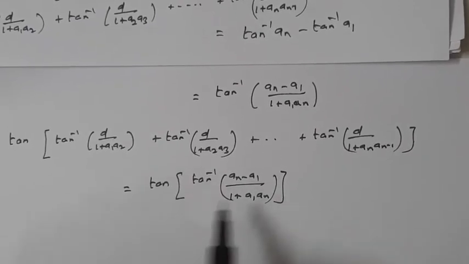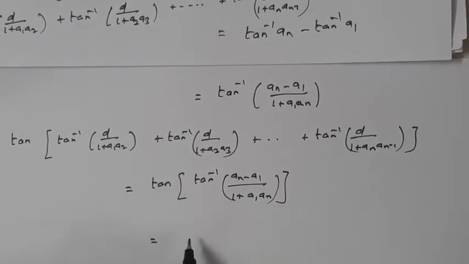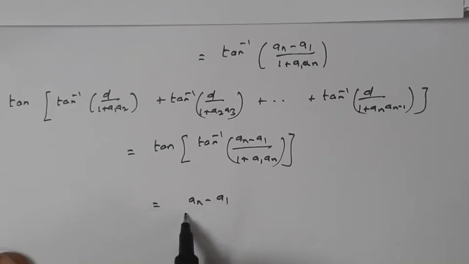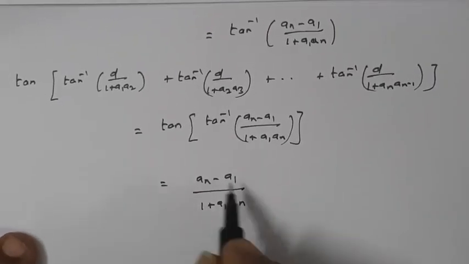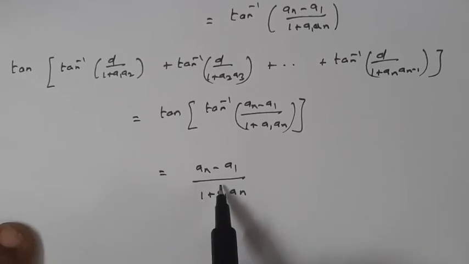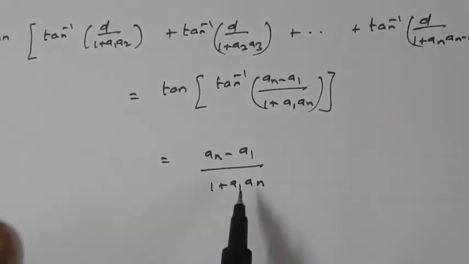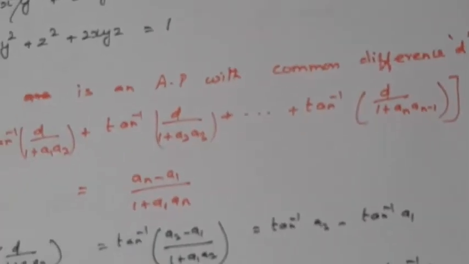So tan of tan inverse means this will be equal to an minus a1 divided by 1 plus a1 an, which is our right hand side. That is the thing we need to prove. So we have proved the left hand side and right hand side are equal.